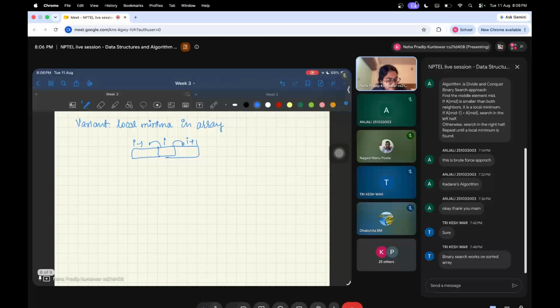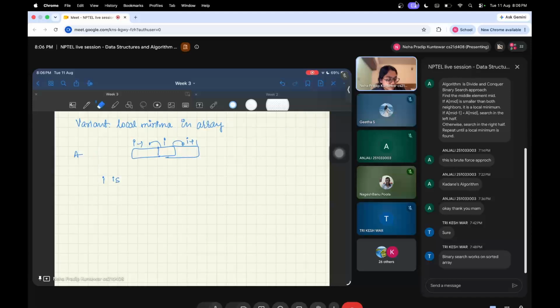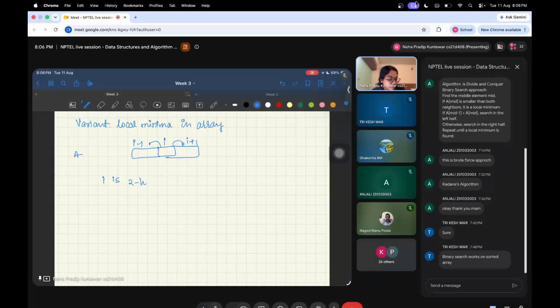So now I will say that i is a 2-local minimum if A of i is smaller than the following four values: A of i minus 2, A of i minus 1, A of i plus 1, and A of i plus 2.